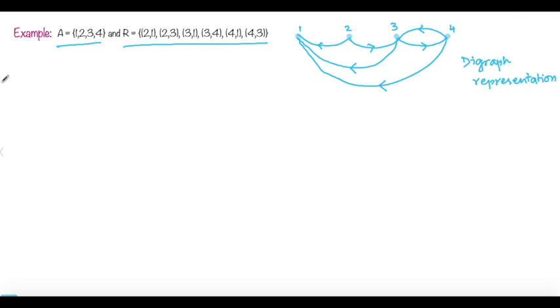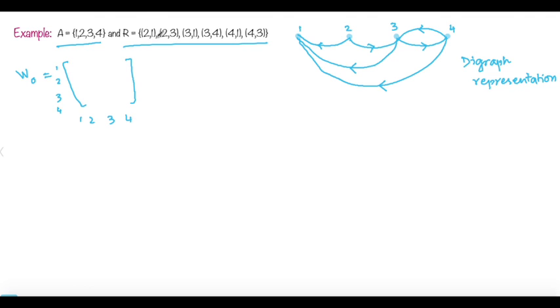Okay, now let's start making our matrices here. What is W of 0? W of 0 is just our matrix representation of this relation.